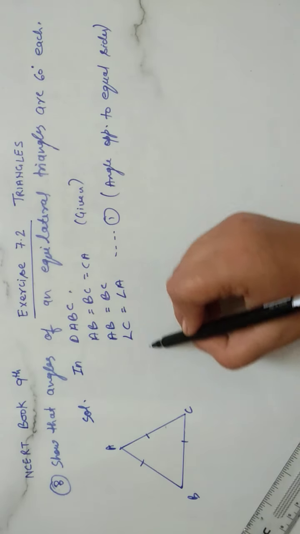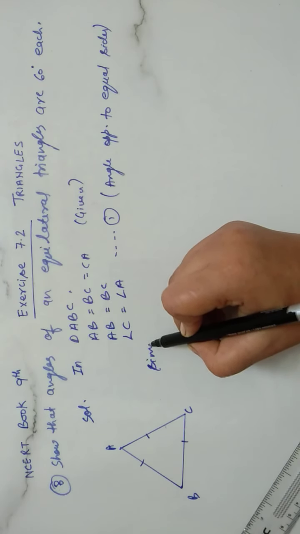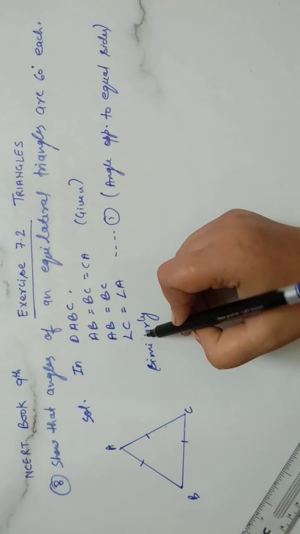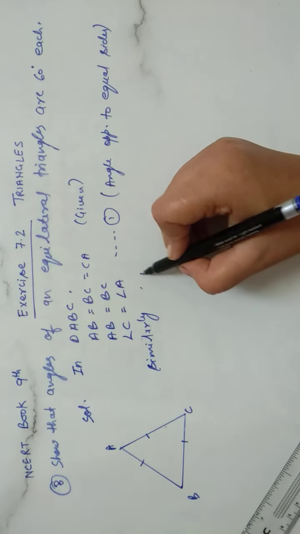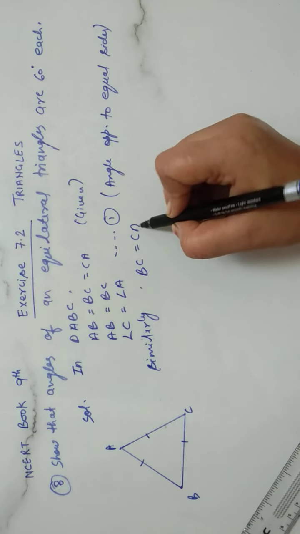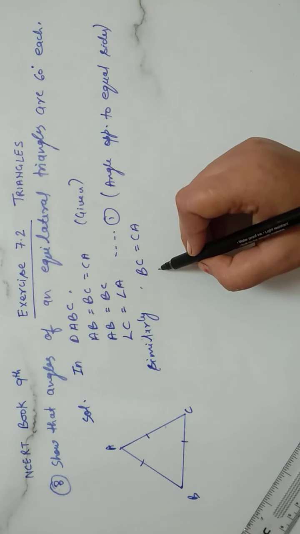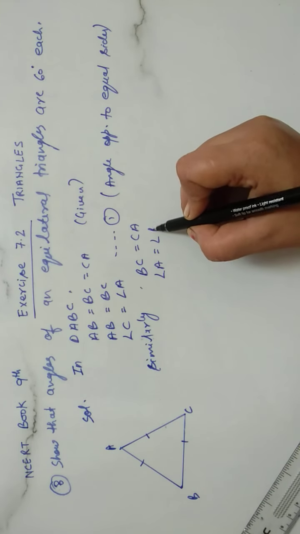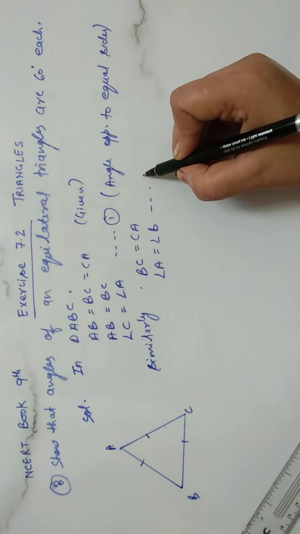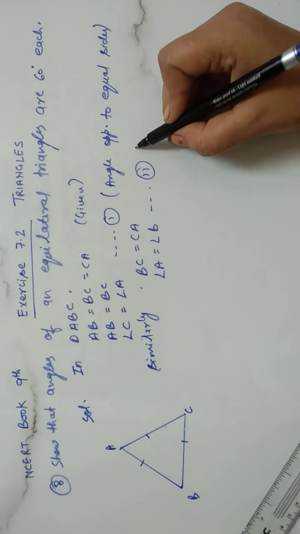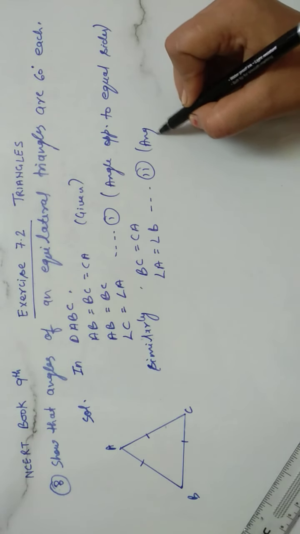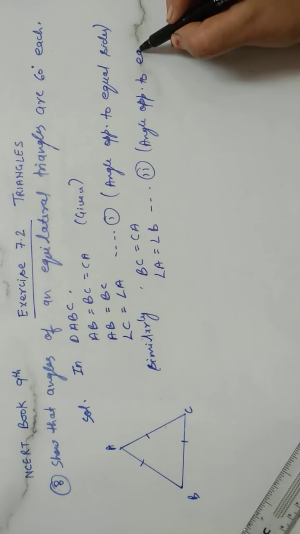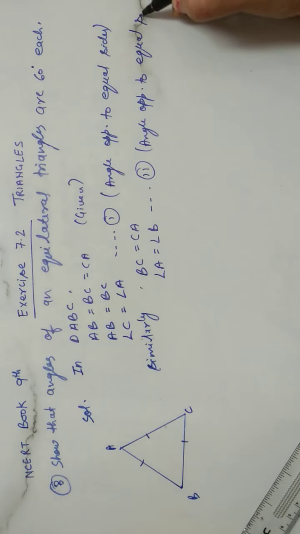Now what will we take similarly? That BC is equal to CA. Now when we take BC is equal to CA, then again opposite angles, angle A is equal to angle B. This is our equation second. And the reason is the same: angle opposite to equal sides.